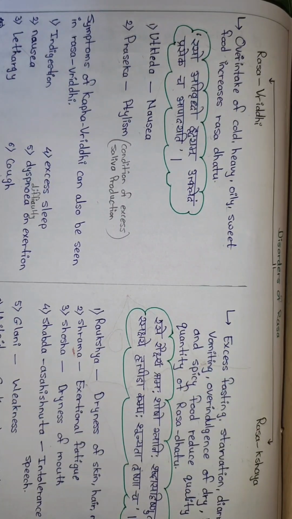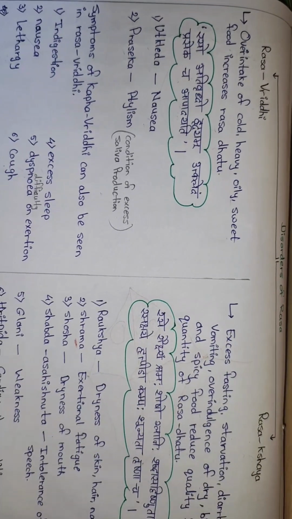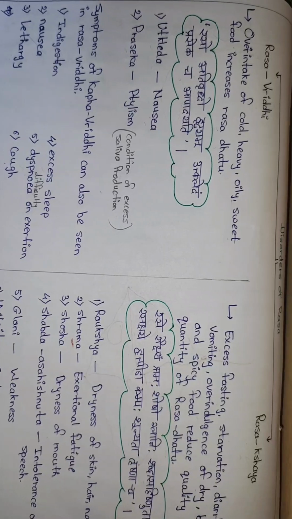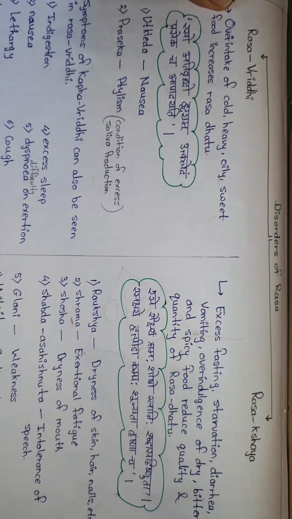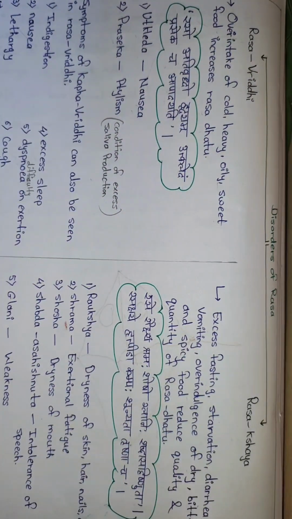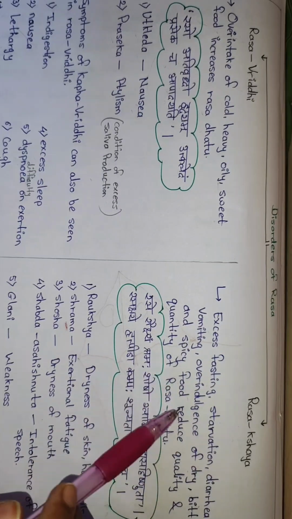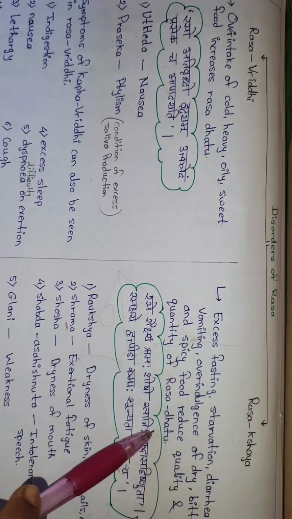These are all included in the Rasa Vriddhi. Now coming towards the Rasa Kshaya, here Kshaya means decrease in the quantity of the Rasa dhatu present in the body. It can be seen due to excess fasting, starvation, diarrhea, vomiting, overindulgence of dry, bitter and spicy food that may reduce the quality as well as the quantity of Rasa dhatu.